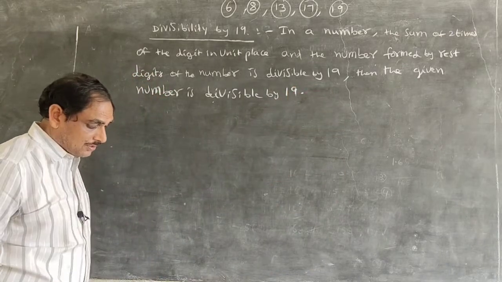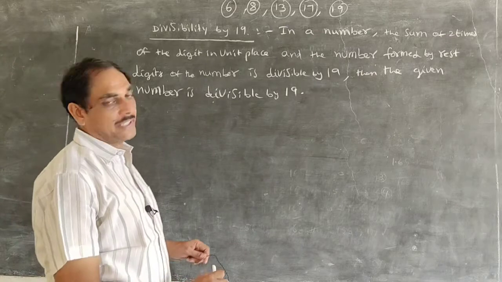So this is the last rule, that is divisibility by 19.